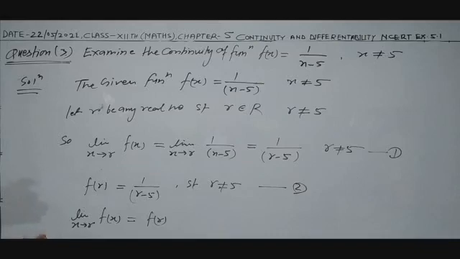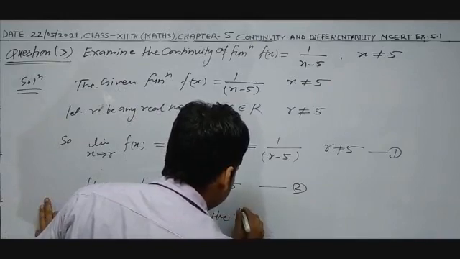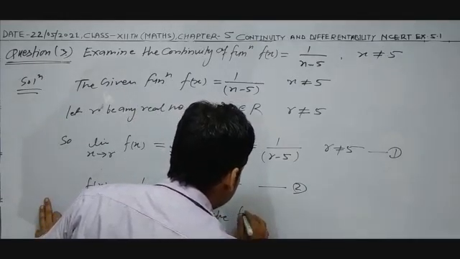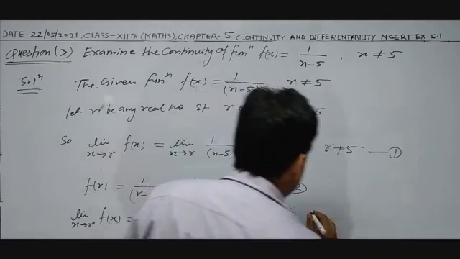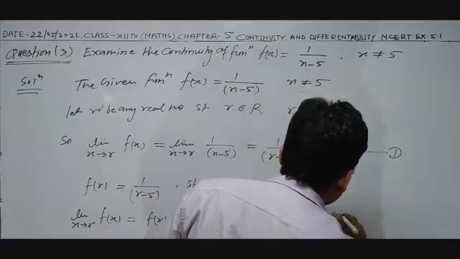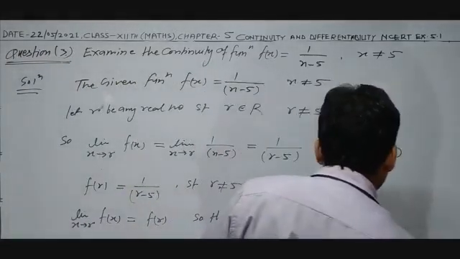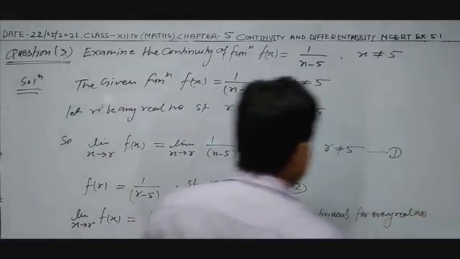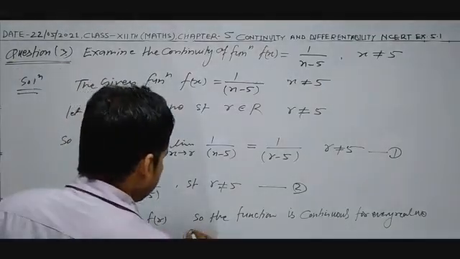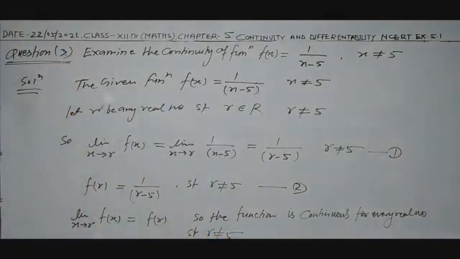So the function is continuous for every real number such that r is not equal to 5. So this is the proof.